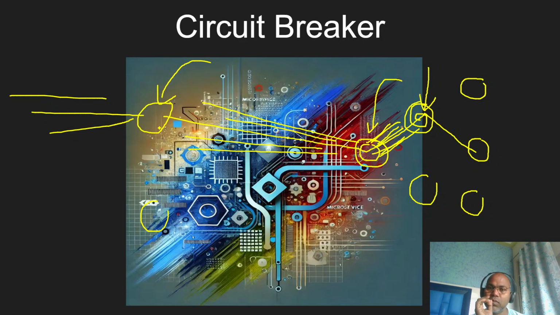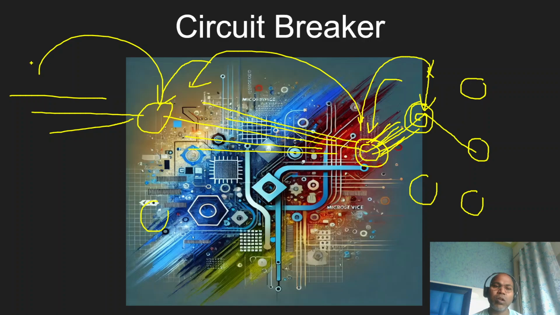Circuit breaker is an approach, a design pattern, that helps us avoid this cascading failure. Due to one node's problem, another node is also affected, then another, then another. This is known as a cascading failure.